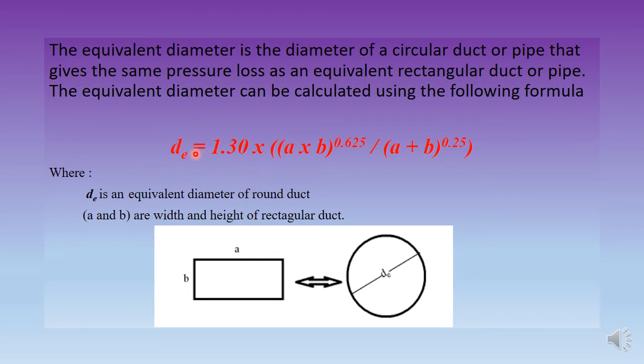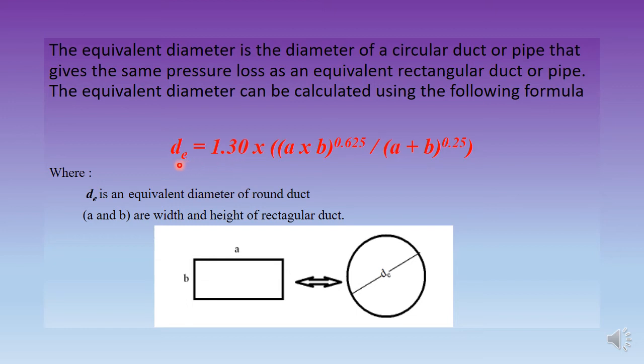If we have a round duct with certain diameter, and maybe we have, I'm sorry, the other way around. If we have the width and height of a rectangular duct, we may calculate the equivalent diameter of a round duct that will give the same pressure loss.